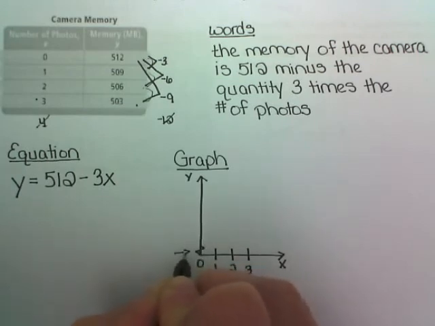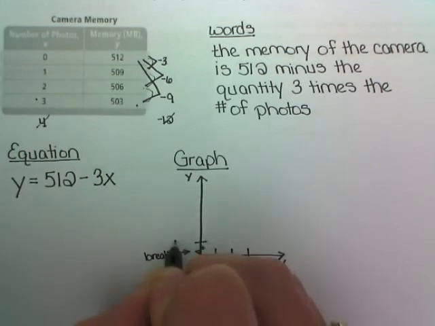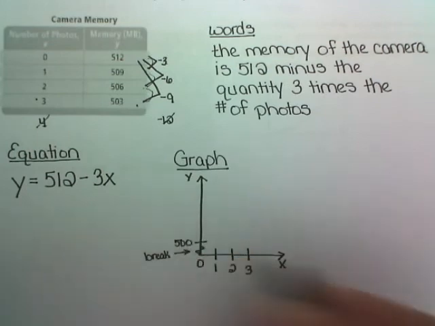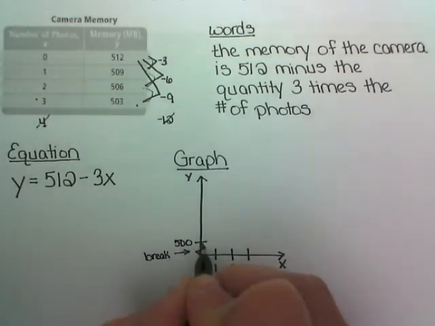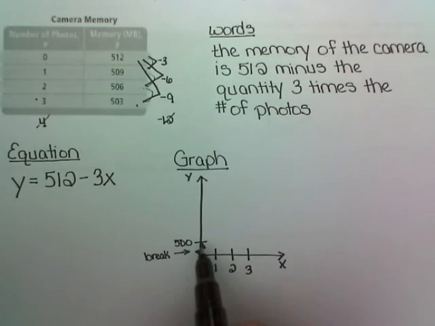If you do a little zigzag line there, that's called a break. What that indicates is that there are several numbers between 0 and the first number you're starting with, which is 500. Kind of want to connect your zigzag there. And this break just indicates, again, that there's several numbers between 0 and where you're starting.